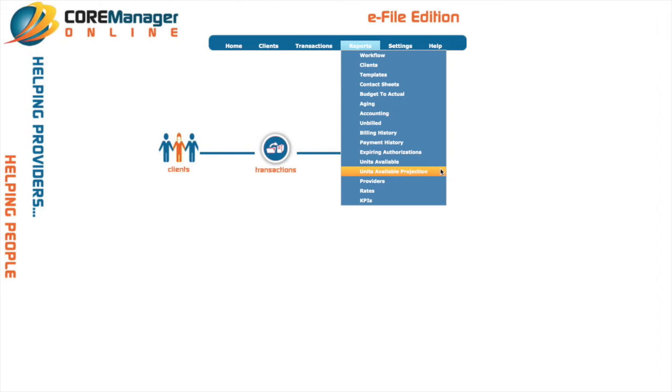You can see we have some reports geared around the authorizations and units and making sure that you can anticipate which authorizations are going to expire in the upcoming days or weeks. Also, we want to make sure that we know where we stand on the units before we run out. Finally, I want to show you the key performance indicators, or KPIs.